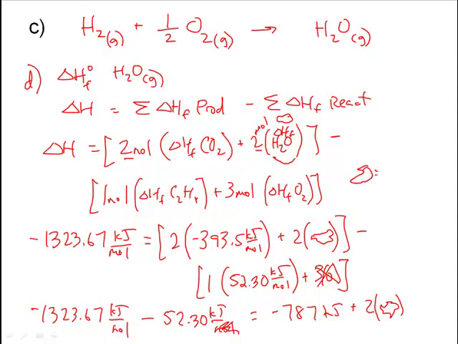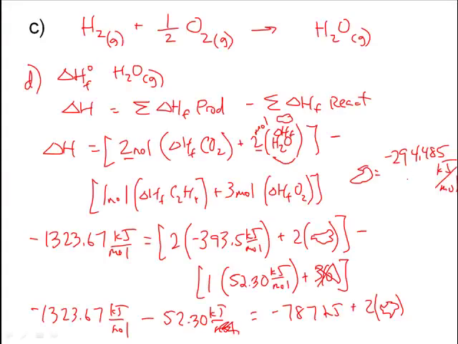So chicken equals negative 294.485 kilojoules, and that's kilojoules per mole because you already divided by the 2. And let's see how we did. 294. Did I do the wrong chicken?